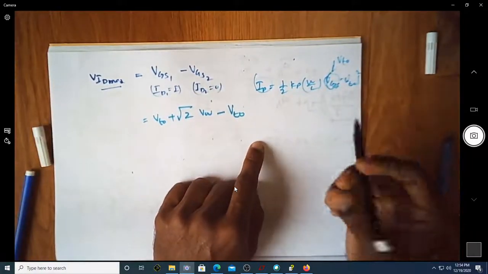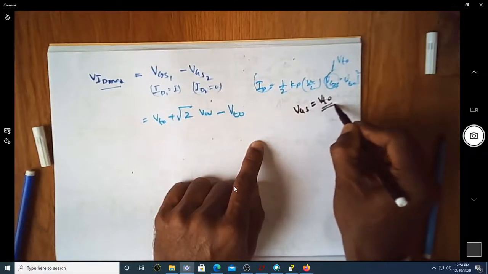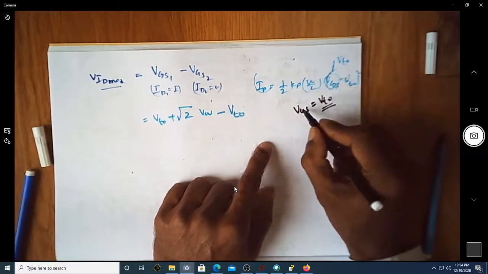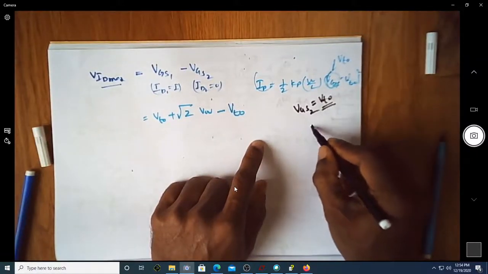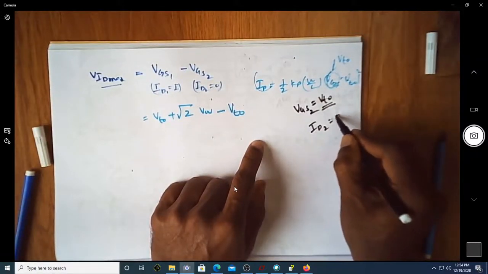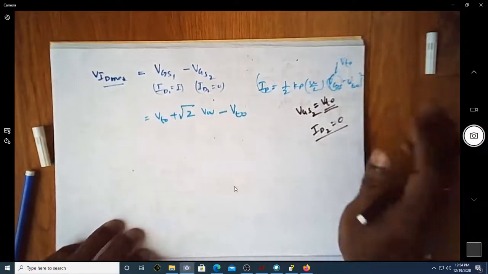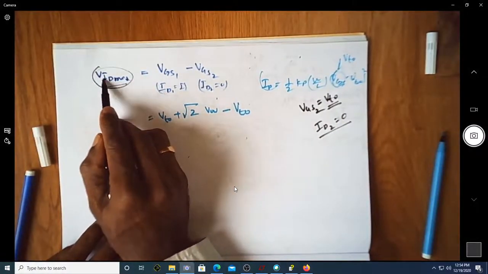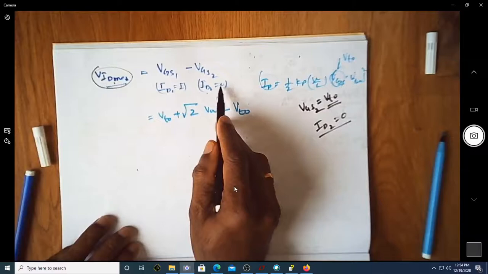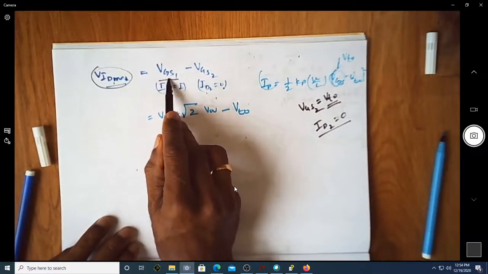That is, when VGS2 becomes equal to VTO, ID2 becomes 0, which is the limit for maximum VID. So for VID max, my ID2 should become 0 and the entire tail current should shift to the first transistor.